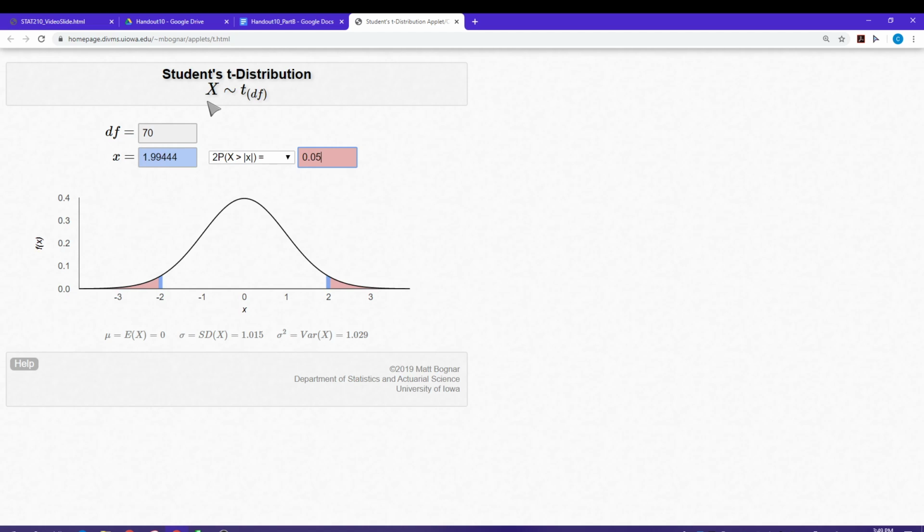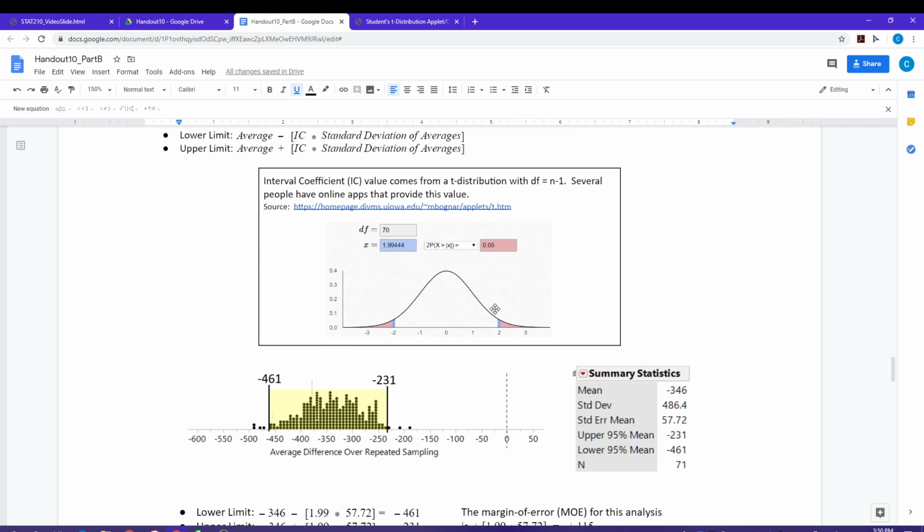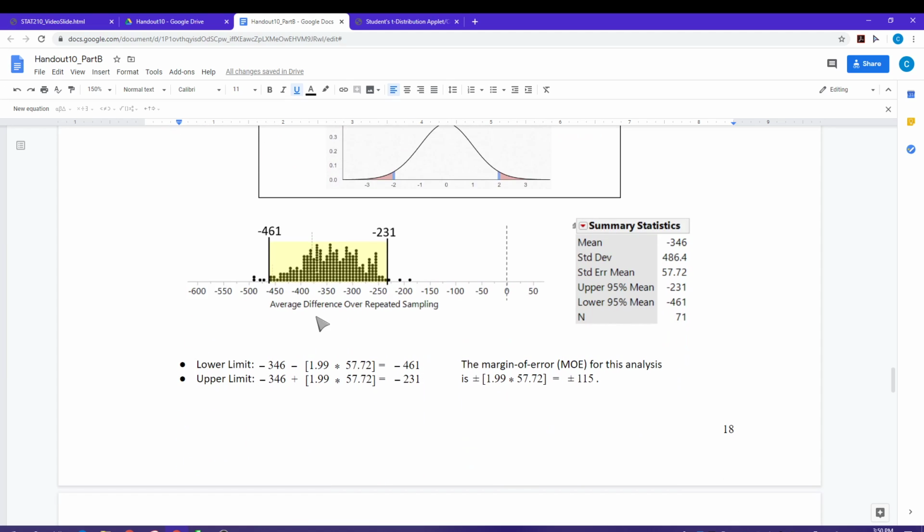Okay, so if you don't want to go through the work to obtain the interval coefficient, some people just use 2 for the IC value. It's not that hard to get the IC value, so I would encourage you to use the applet to obtain that value. Here's what the 95% confidence interval looks like. We can see from our output it goes from minus 231 down to minus 461. Recall that the average was at minus 350 or so.